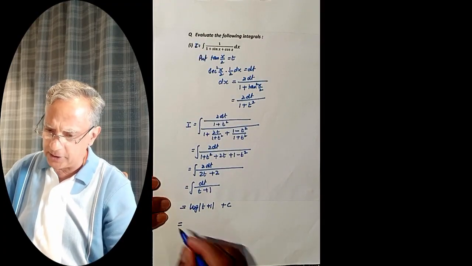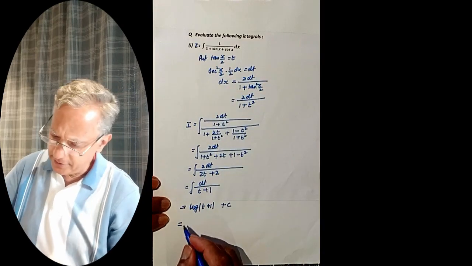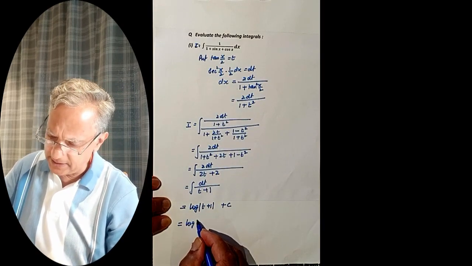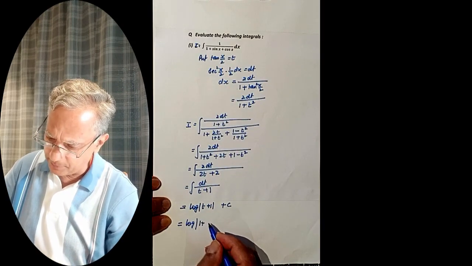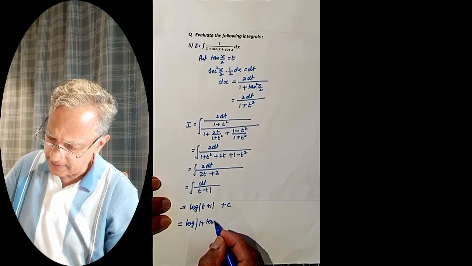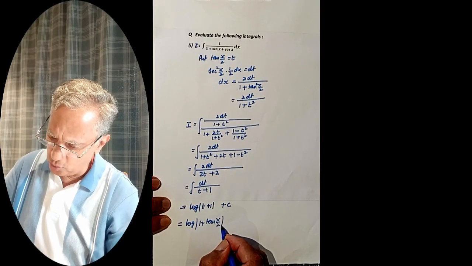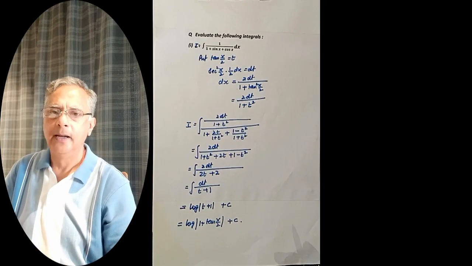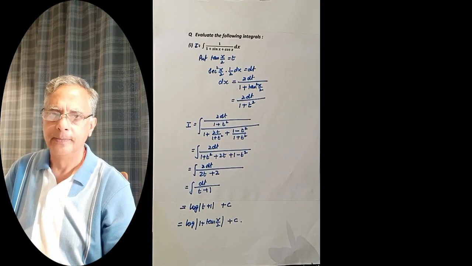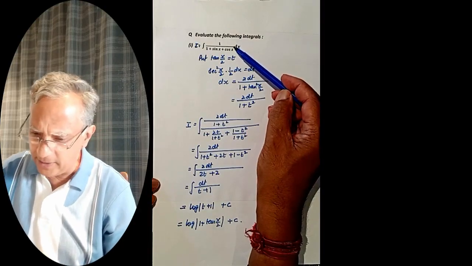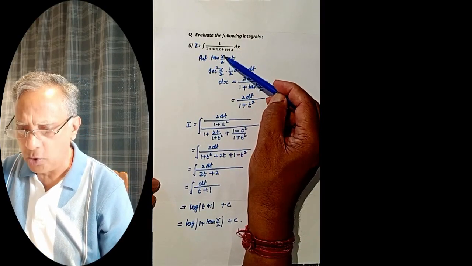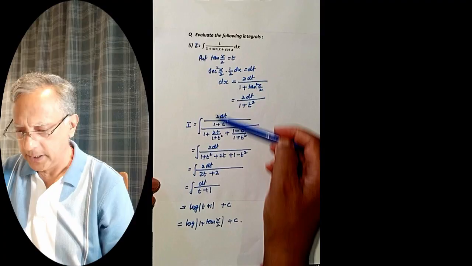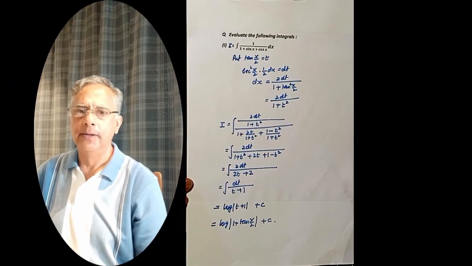And t is nothing but tangent x by 2. So we can write this as log of 1 plus tangent x by 2 plus c. So this is the answer. So whenever we see a question of this form, we put tangent x by 2 equal to t and the question will be solved.